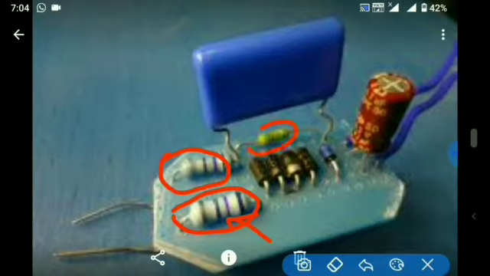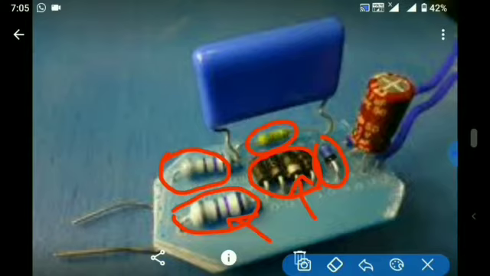This component is also a resistor. Then the components which you see here, black color having a silver band on it, these are diodes. Even this is a diode. A diode is a semiconductor device. You will study about these semiconductor devices also.